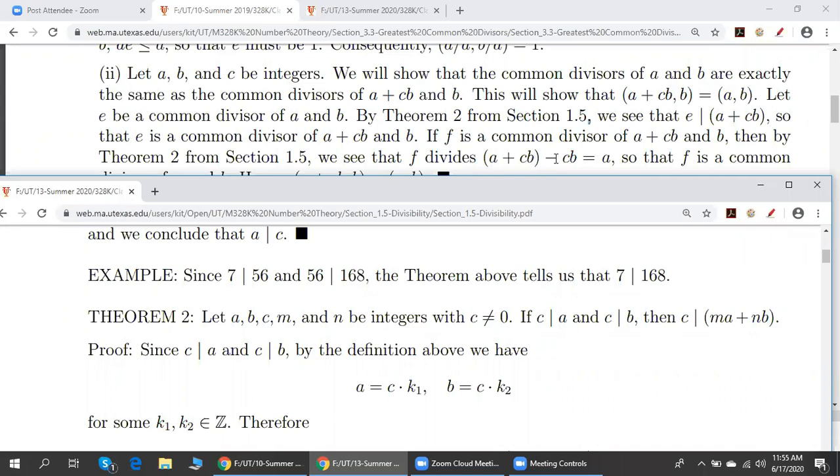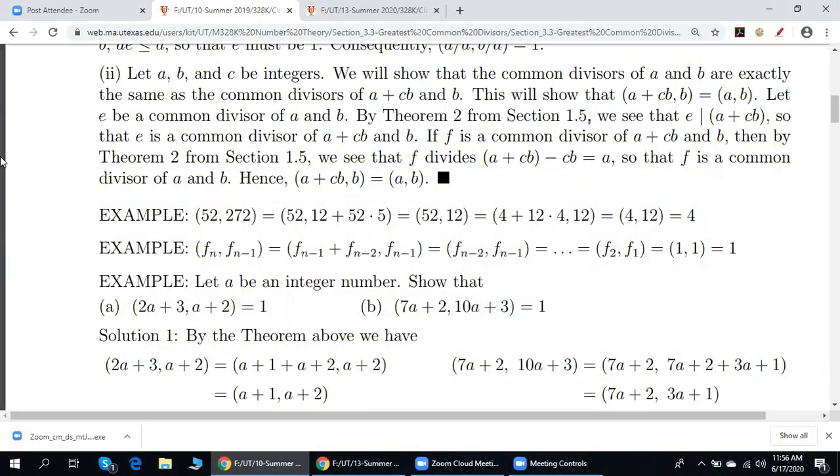But A plus CB minus CB is equal to A. We cancel out CB. Conclusion: if F divides A plus CB and B, F divides A. Does this answer a question? Yeah, thank you. Other questions?